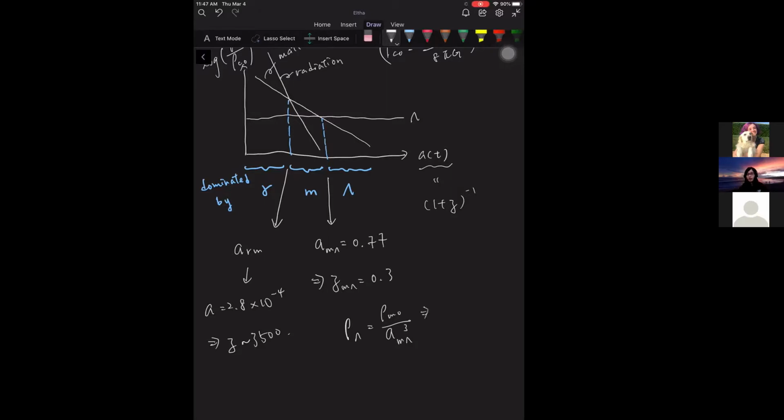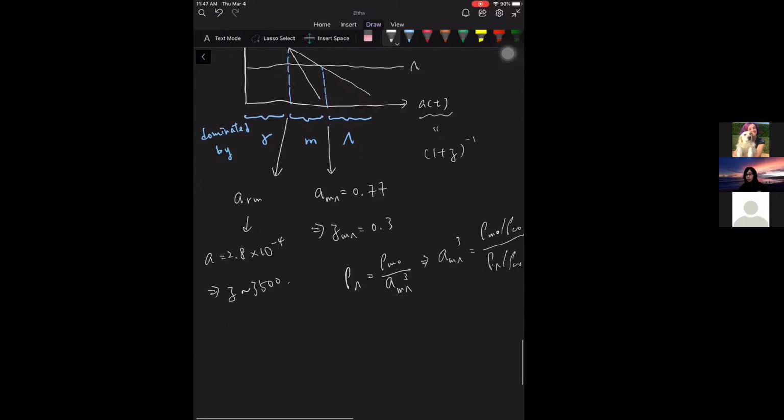Then you get a cubed equals rho_m over rho_Λ, and you can also divide this by the critical density, and then you can get this value.